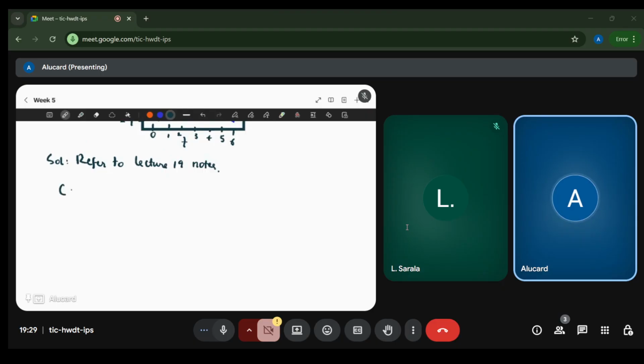This is case 5. There are many cases which were taught. Case 1 is a fixed receiver antenna, and only the mobile station is moving.